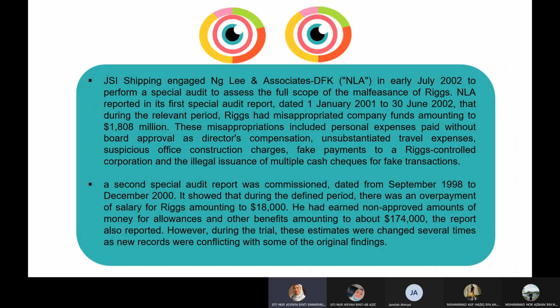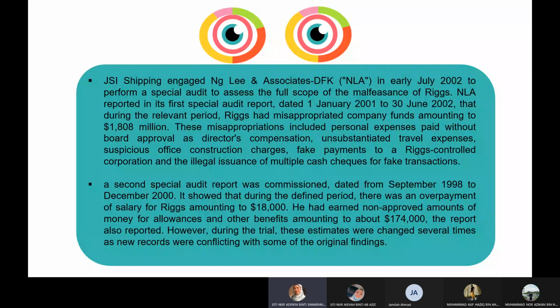This misappropriation included personal expenses paid without board approval as director compensation, unsubstantiated travel expenses, suspicious office construction charges, payment to a Rins-controlled corporation, and the illegal issue of multiple cash checks for fake transactions.